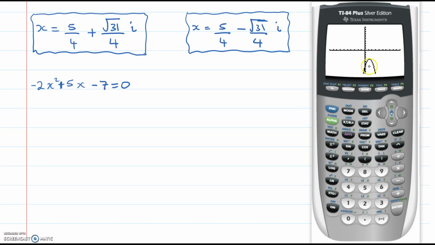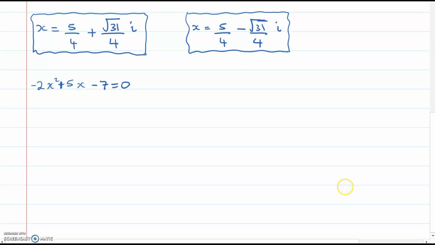And as we've seen, that confirms what we got, because we got two complex solutions. Our solutions involved i's, so they're complex numbers. There are no real solutions. But we can draw it just to show.